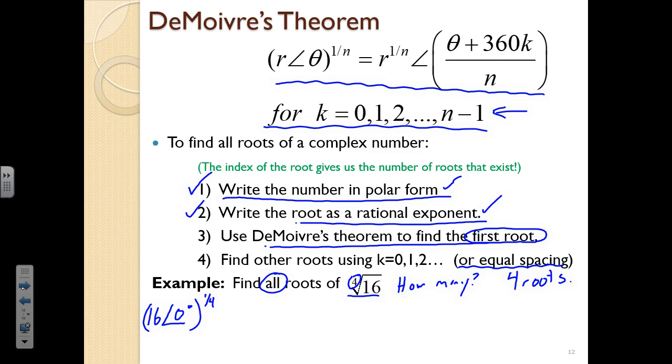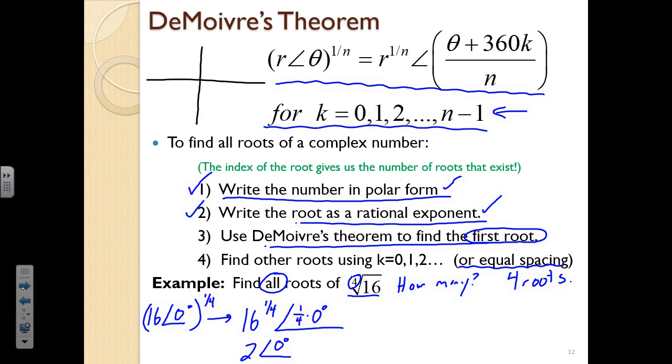Okay, de Moivre's theorem says that 16 at a direction of 0 to the 1/4 power is going to be 16 to the 1/4 at a direction of 1/4 times 0 degrees. But 16 to the 1/4 is 2, and 1/4 times 0 is 0 degrees. So there's our first root, 2 at 0.